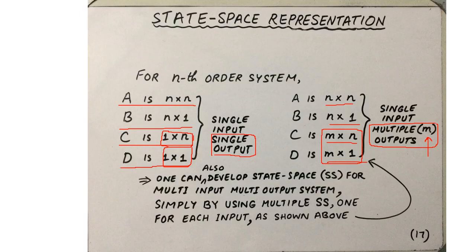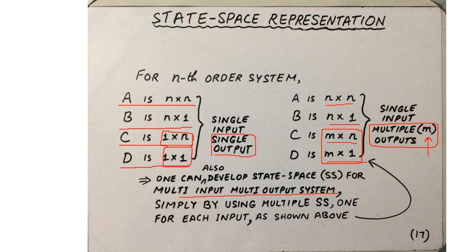Now, all of this is true as long as you have an nth order system and it has a single input. But what if we have a multi-input and multi-output system, with multiple inputs and multiple outputs? Then we can still follow the state space description derivation that we have seen.